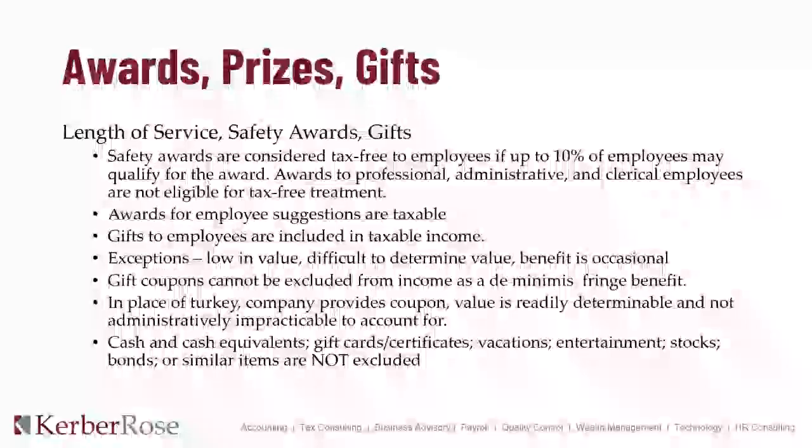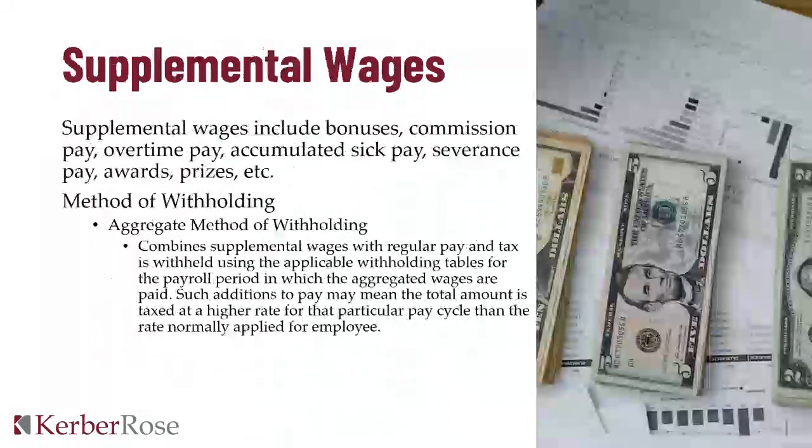So in place of the turkey, if the company provides a coupon, you know the value. So it doesn't fall under those de minimis rules. Cash and cash equivalents, gift cards, certificates, entertainment, stocks, vacations, bonds, or similar items are not excluded. So those would all be considered taxable.